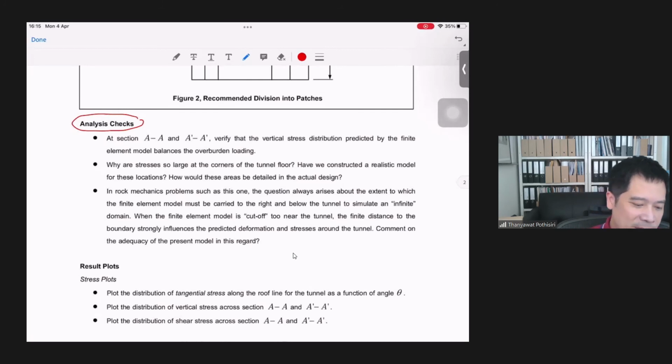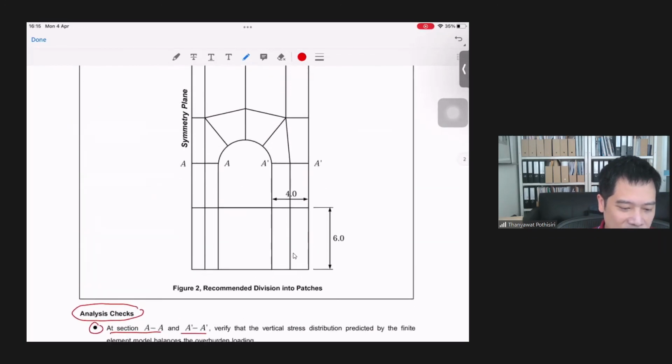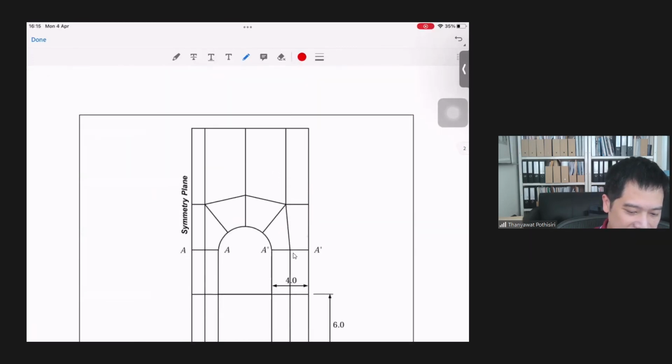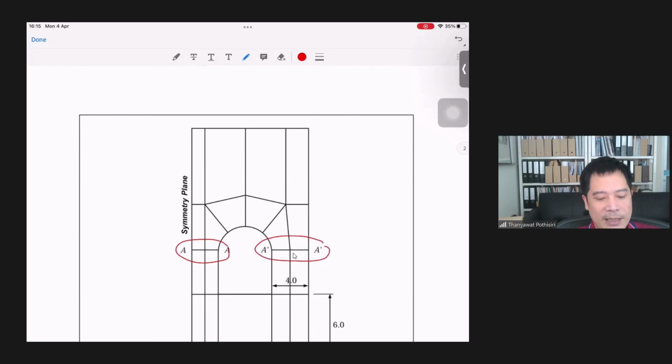For example, the first one here, at section A, so it would be this section right here.